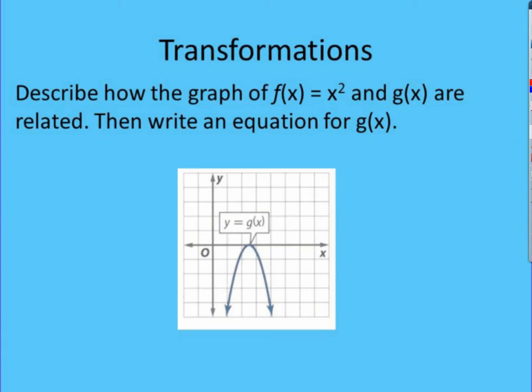So we need to describe how this graph is related to the graph of x squared, and then we're going to write an equation for the graph. Remember, the graph of x squared starts at 0, 0, and it's flipped up. So obviously, they reflected this across the x-axis.